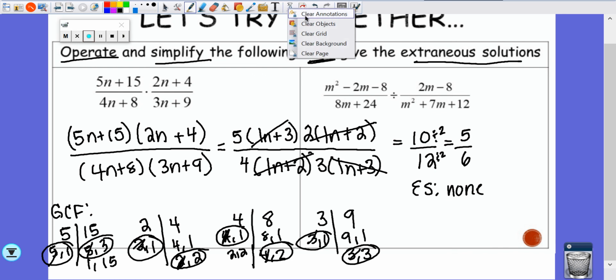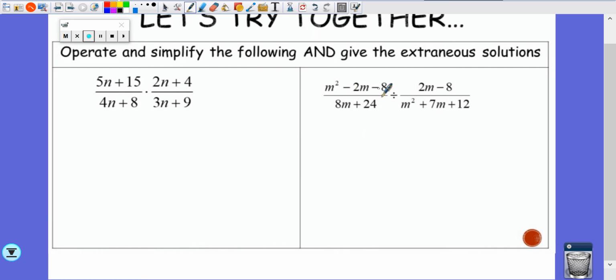Alrighty, so let's go to the second question. Here, it wants me to operate, simplify, and give the extraneous solution. So if we look here, this is a divide sign.